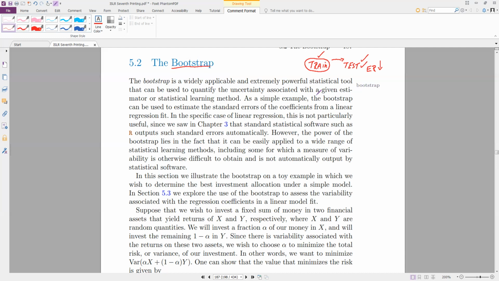It's really good for estimating the variability of a parameter and also for estimating a parameter itself. We're going to see it used often in terms of estimating standard errors around a parameter, and that's going to be a very common usage. We're going to talk about that a little bit in this example right here.